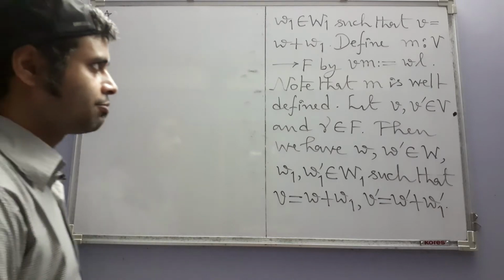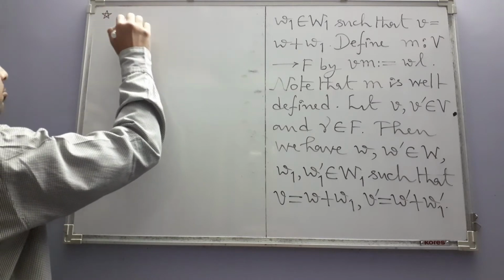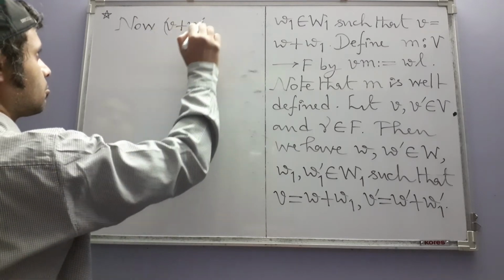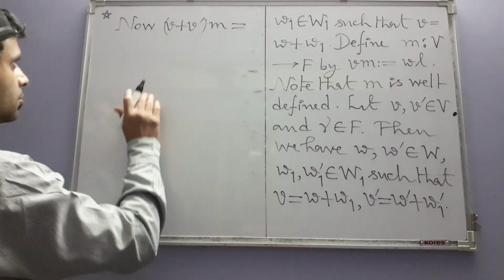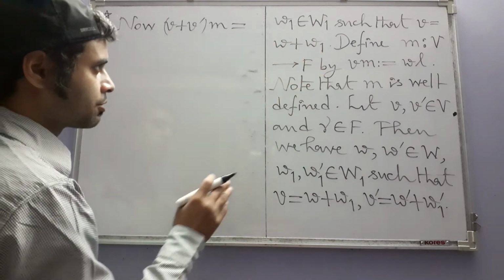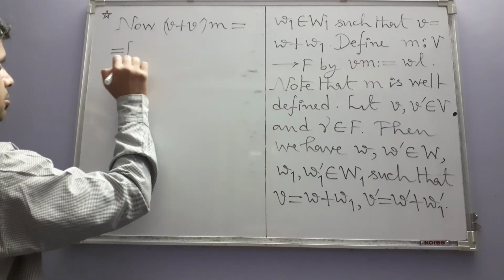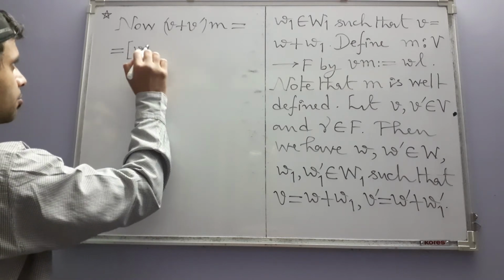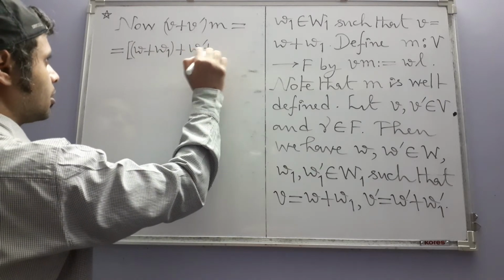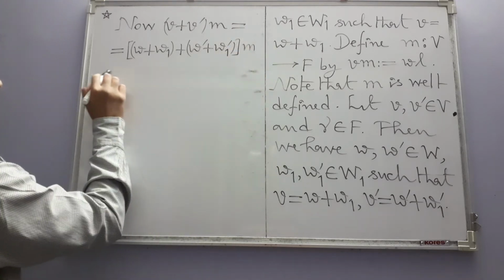Okay, now what is the effect of M on v plus v prime? Of course, we should first of all bring this to the proper form so that we can use the definition. You can see that this is w plus w1 plus this thing, the M image of this.